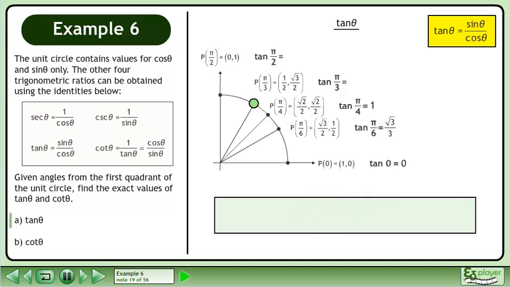Now we'll find the exact value of tan pi over 3. Tan pi over 3 is equal to the sine of pi over 3 divided by the cosine of pi over 3. The sine of pi over 3 is equal to the square root of 3 over 2, and the cosine of pi over 3 is equal to 1/2.